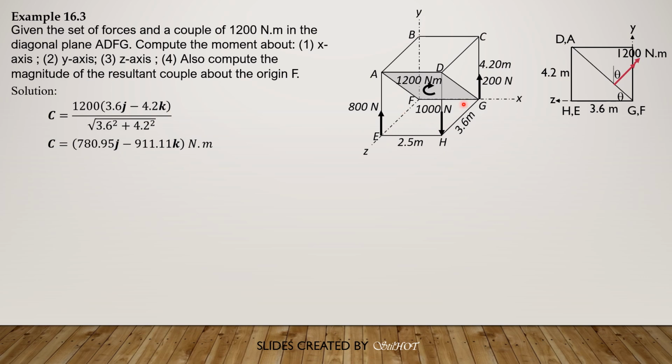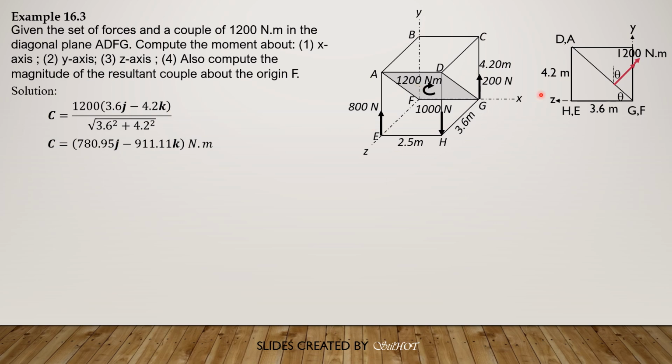So the rest of these parallel forces can be easily evaluated for their moment about X, Y, and Z. For these forces here, parallel to the Y-axis, they don't have moment about the Y-axis. So only about X and about Z-axis.